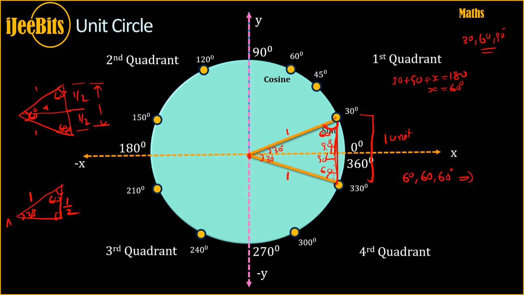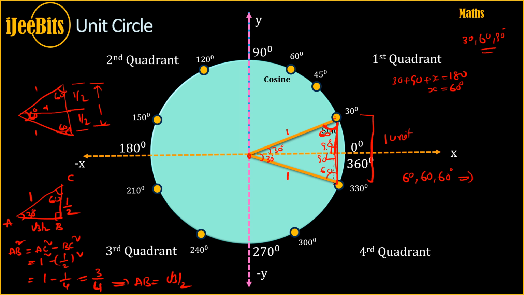As per Pythagoras theorem in triangle ABC, if you want to know AB, AB squared equals AC squared, the hypotenuse squared, minus BC squared. So 1 squared minus 1 by 2 whole squared, which is 1 minus 1 by 4, nothing but 3 by 4, and hence AB equals root 3 by 2.